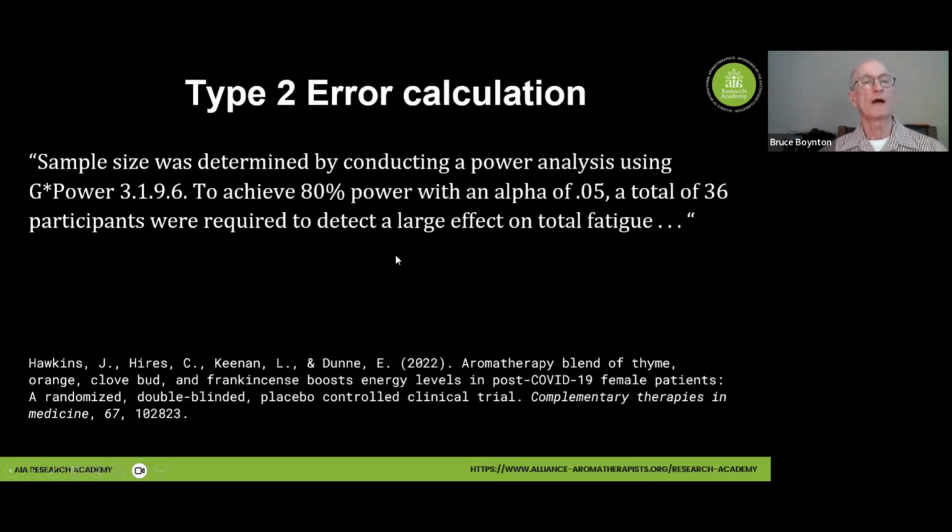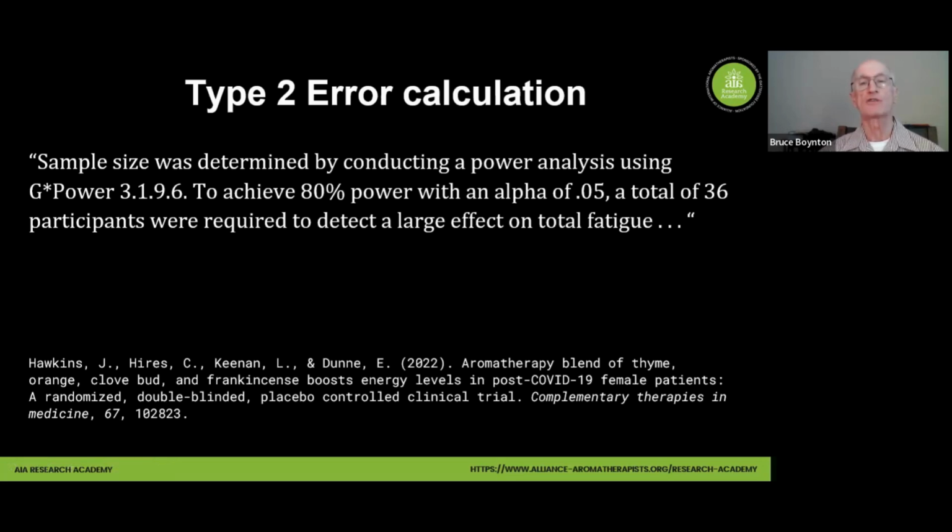Okay, type 2 error. This is from a paper by Jesse Hawkins. And type 2 error has to do with sample size. Sample size was determined by conducting a power analysis. Remember, 1 minus beta is called power.